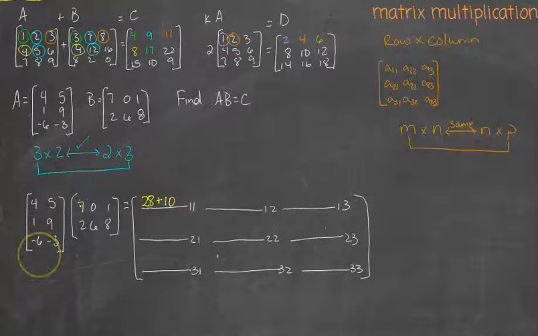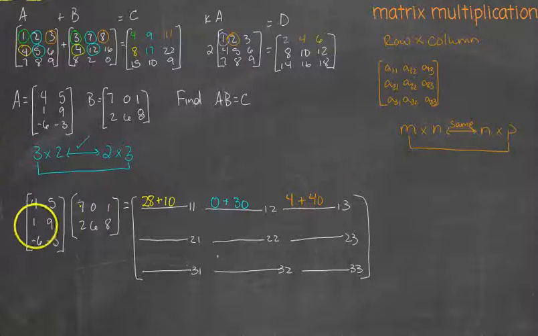Next, first row, second column. 4 times 0, 0, plus 5 times 6, 30. Okay. Next, first row, third column. I'm still using the first row, but now I've moved over to my third column. 4 times 1 is 4, plus 5 times 8, 40.